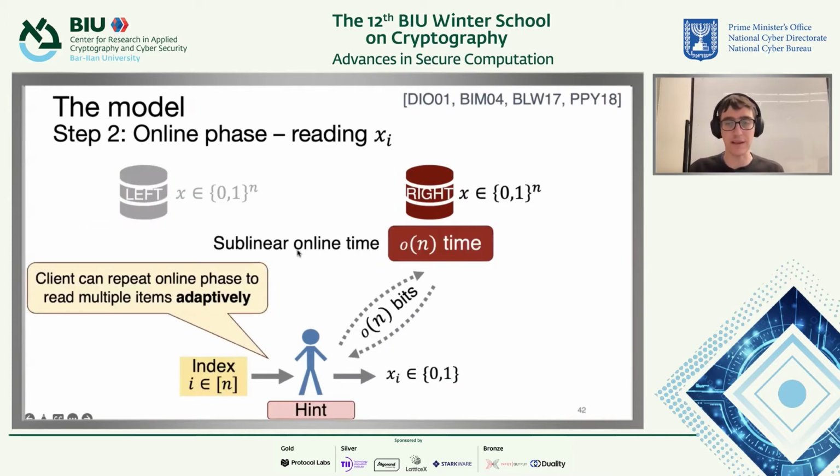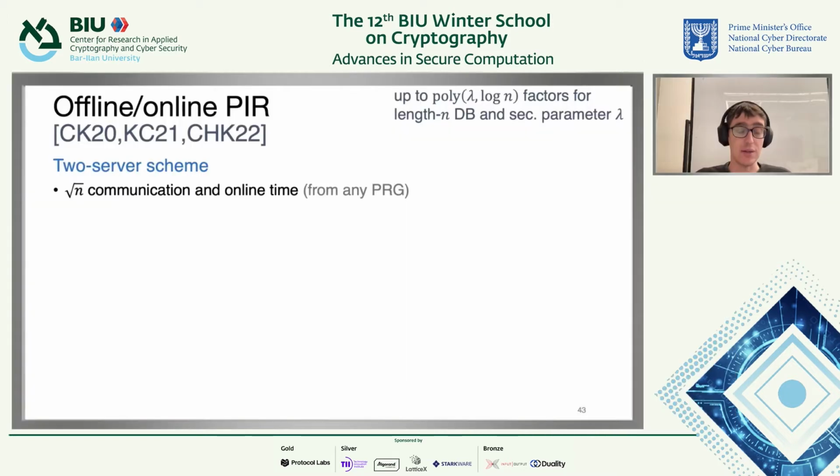Even though this phase takes linear time to run, the big benefit is that we only have to run it once per client, and then the client can use this hint to run many queries to the server while only paying a sublinear cost for each query. We're going to start this hour by seeing a construction of a two-server scheme in this offline-online model, which will have square root n communication and square root n online time.